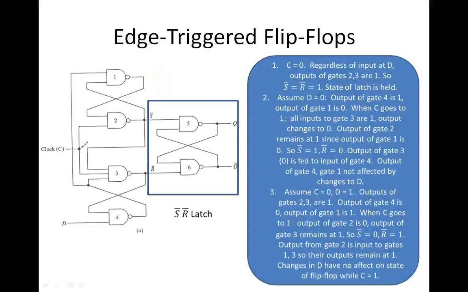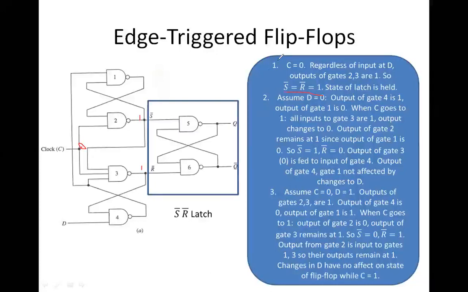When C was 0, what had happened? 0 into anything is 0, so I get a 1 here, and the same 0 goes here. 0 into anything is 0, so I get a 1 here. So S bar is 1, R bar is 1. So this thing you all are clear, right?